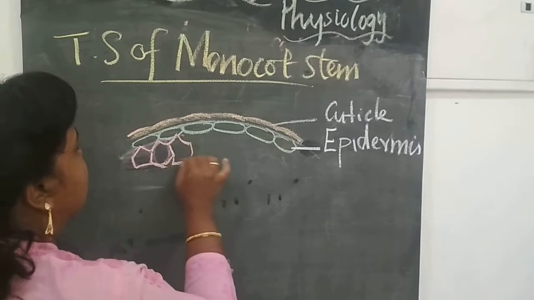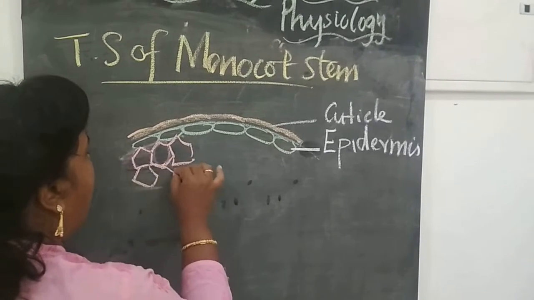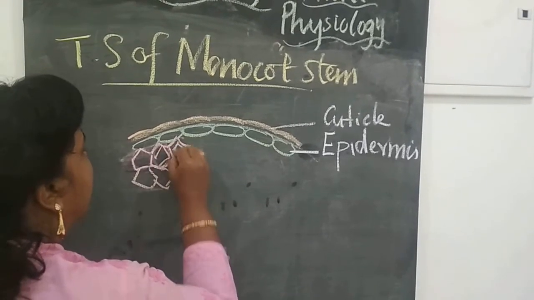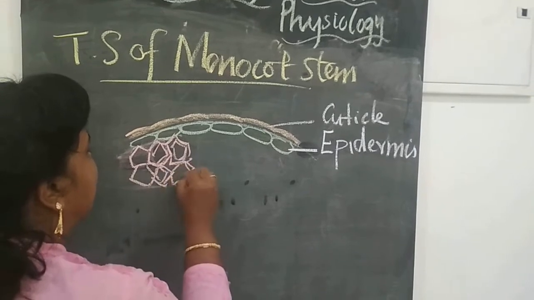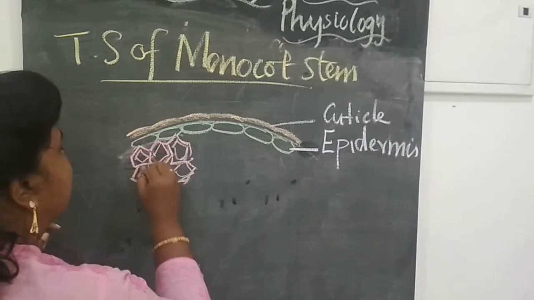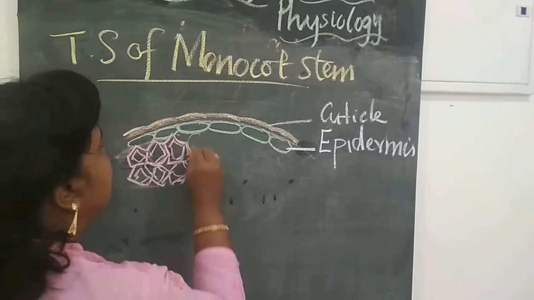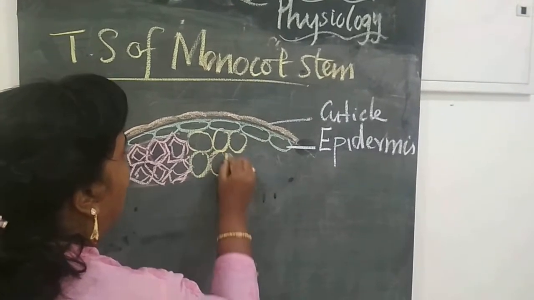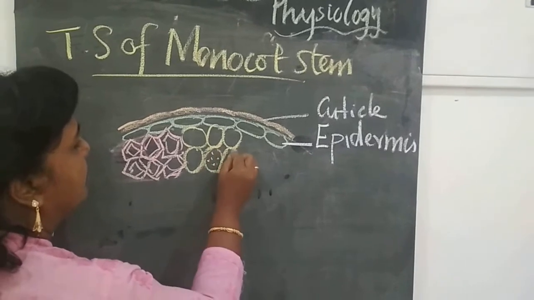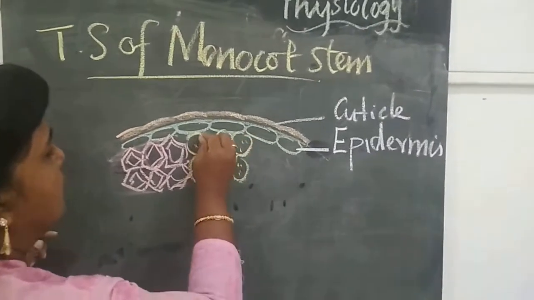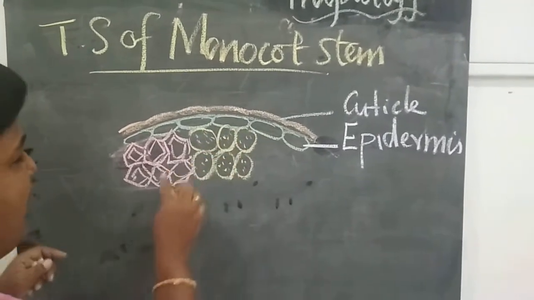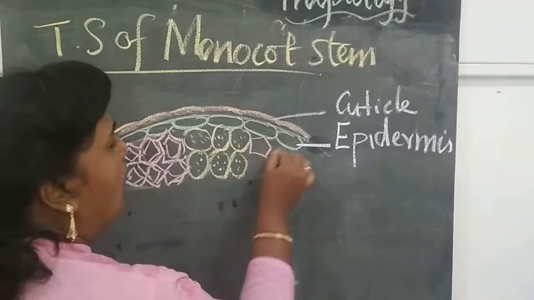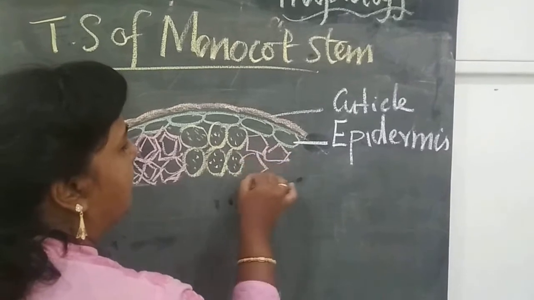This hypodermis is formed of sclerenchyma cells alternating with chlorenchyma cells.